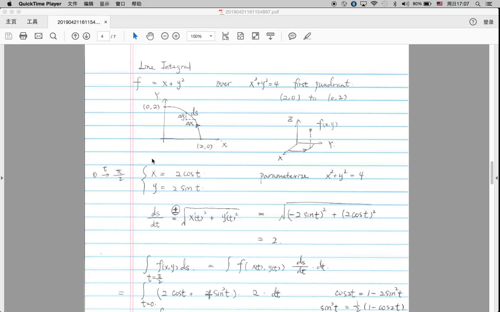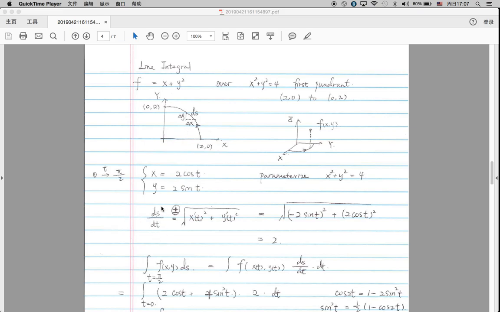And since we have this format for the variables x and y, dx is just 2 times negative sine t, and then dy is just 2 times cosine t. Taking the squares and then the square root, this will give us the value for ds dt.